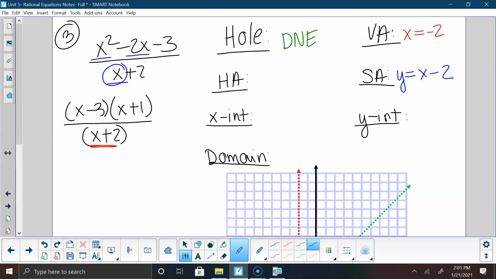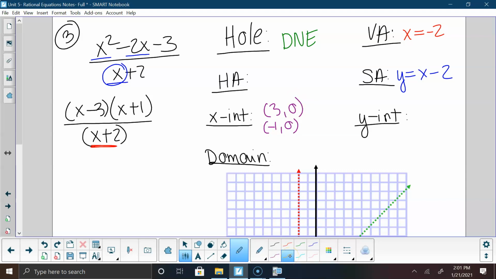You kind of see how I did that? All right, x-intercepts. Do I have any other factors on the numerator that I haven't used yet? All right. So I've got an x-intercept at 0 and at -1.